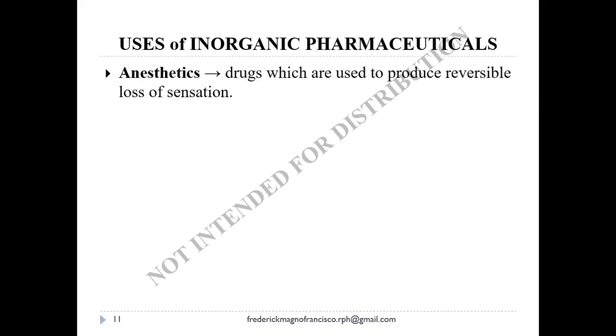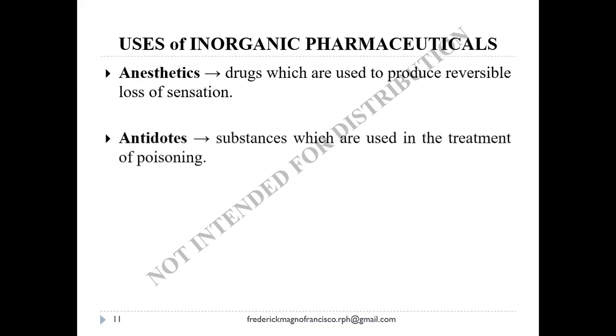Anesthetics. These are drugs which are used to produce reversible loss of sensation. Example of an anesthetic is nitrous oxide. Antidotes. These are substances which are used in the treatment of poisoning. Example of an antidote is sodium nitrite.